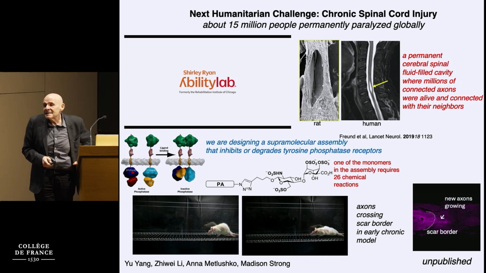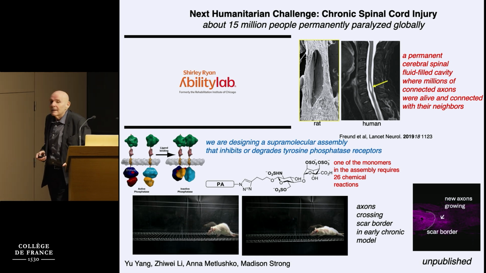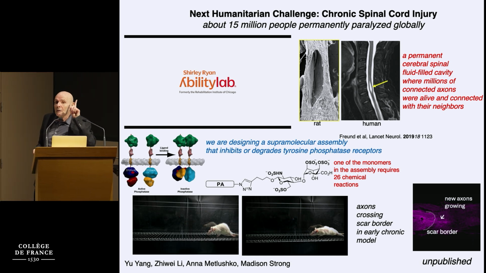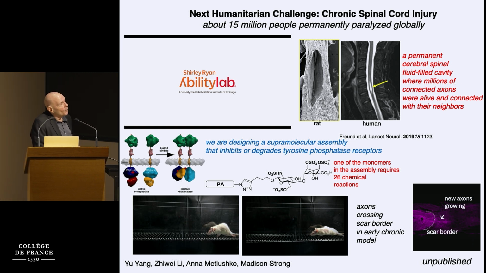It takes 26 steps to make. And my argument is that if this is going to cure or allow a chronically injured patient to walk again, somebody will pay for it. It will happen. But because there's 26 chemical reactions.